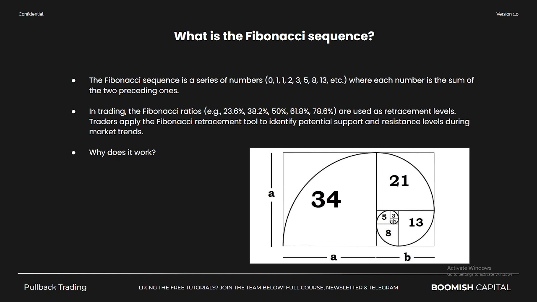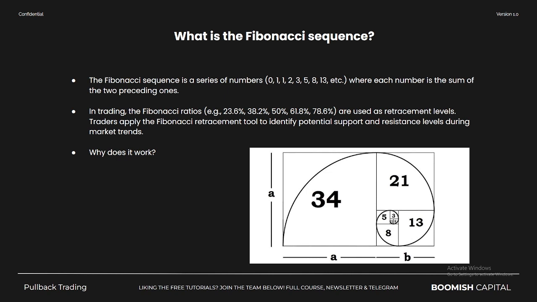So why does it work? Now, you have the golden ratio, which is also based off of the Fibonacci sequence. But additionally, we have, of course, people in the market that all trade the Fibonacci sequence. And although it is a naturally occurring phenomenon that can be spotted with mathematics and physics in the physical world, the fact is that I think a majority of traders, or a large sum of traders, are all trading the same levels.